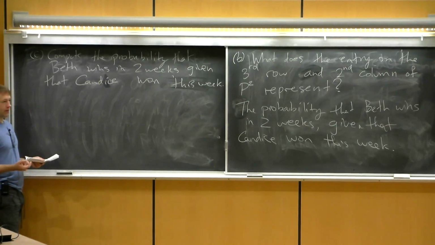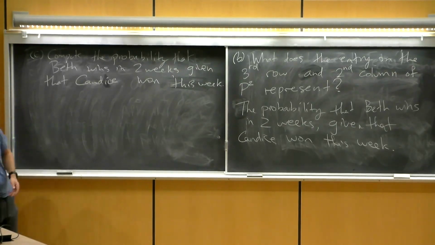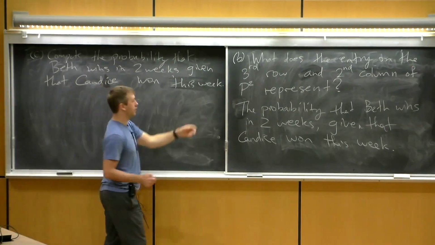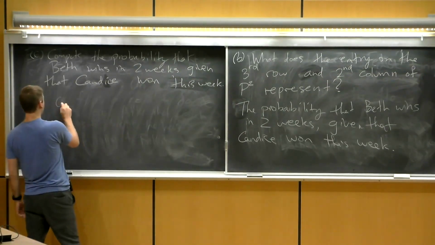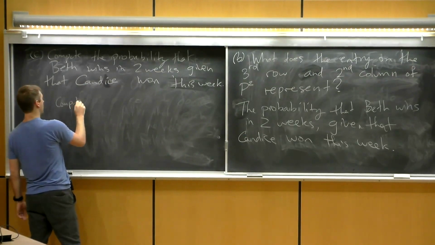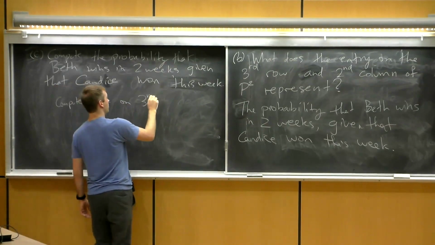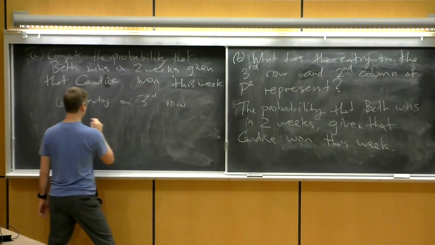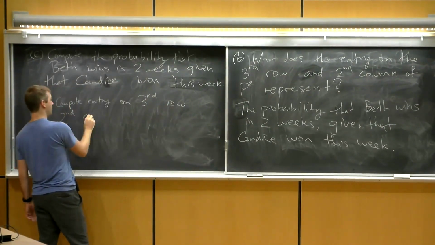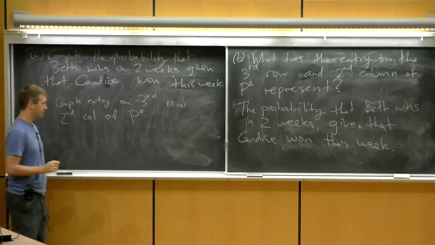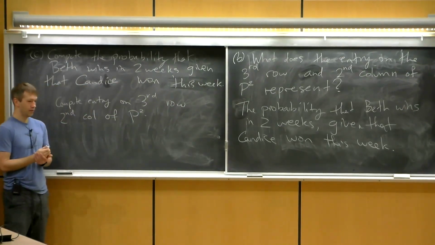Like we said in part B, this should be the entry on the third row and second column of P squared. So that's what we want to compute.